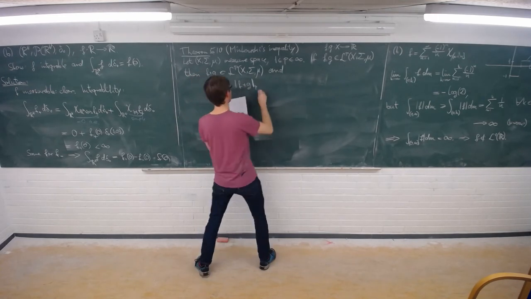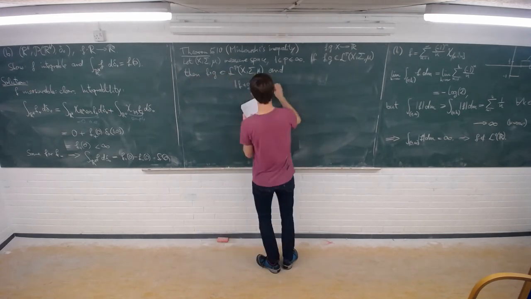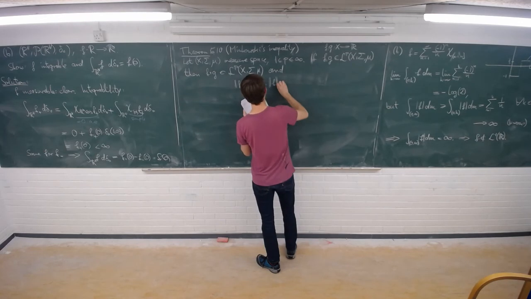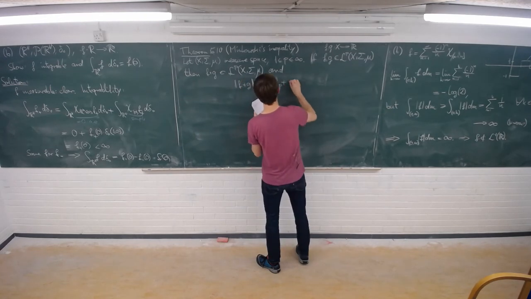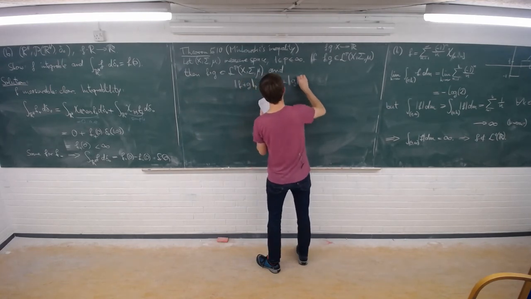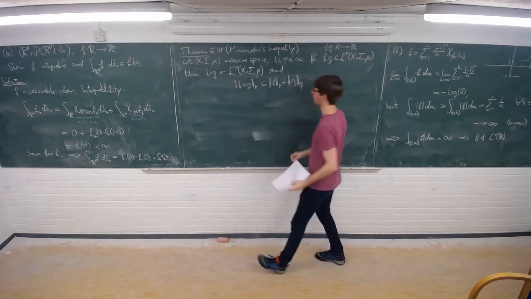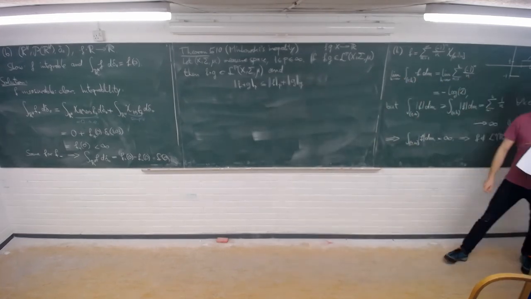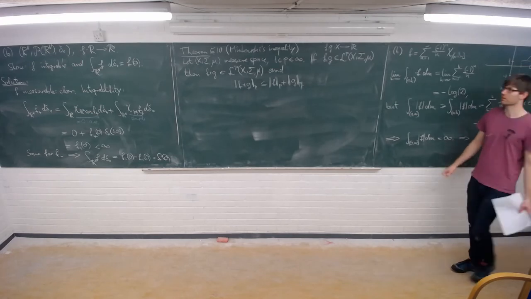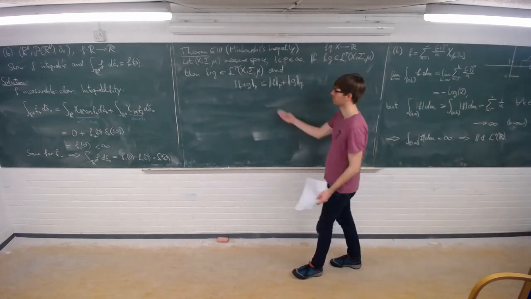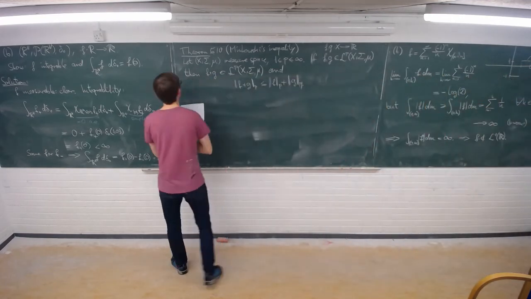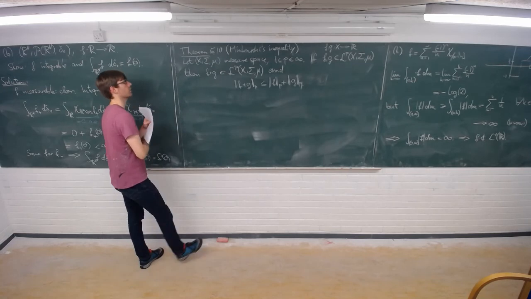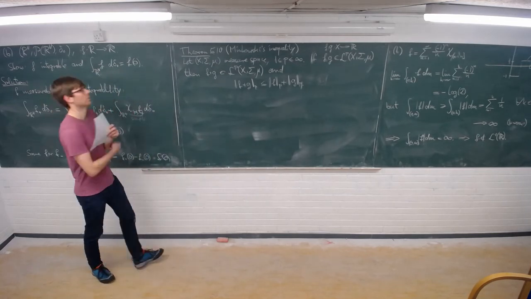The p norm of f plus g is less or equal to the p norm of f plus the p norm of g. So it's basically the triangle inequality for the L^p norm.